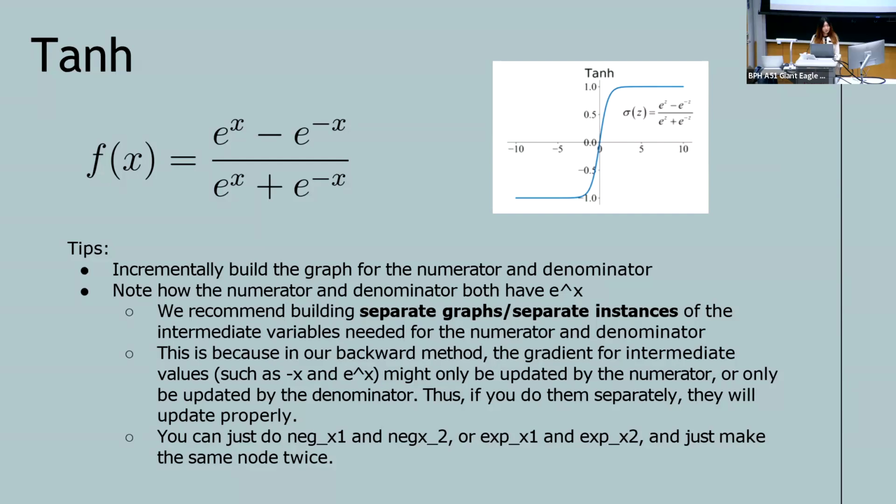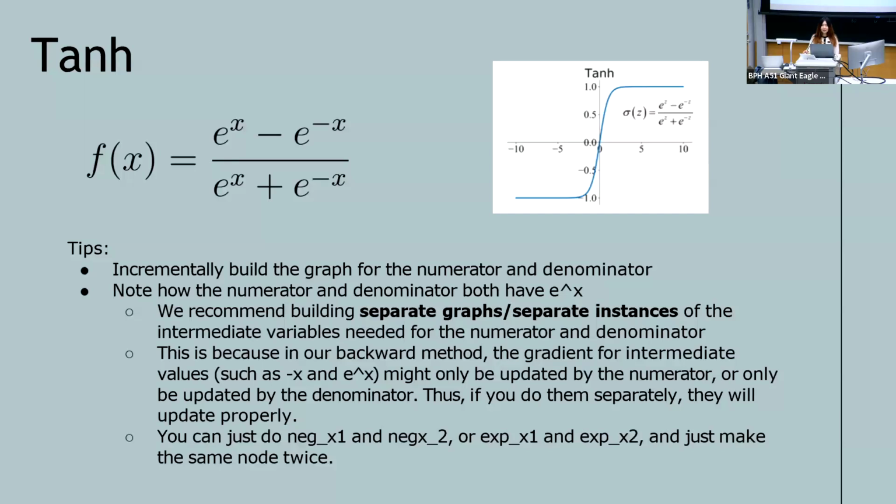Because in our framework, the gradients for the intermediate nodes are updated only through one path at a time. So if the same node is shared across the numerator and the denominator, then one of the gradient updates will get lost or even overwritten. Instead, we want to build separate nodes for each occurrence, even if they look the same. For example, for the numerator we will have one exponential x1, and another node called exponential x2 for the denominator, and the same thing for e to the power of minus x.